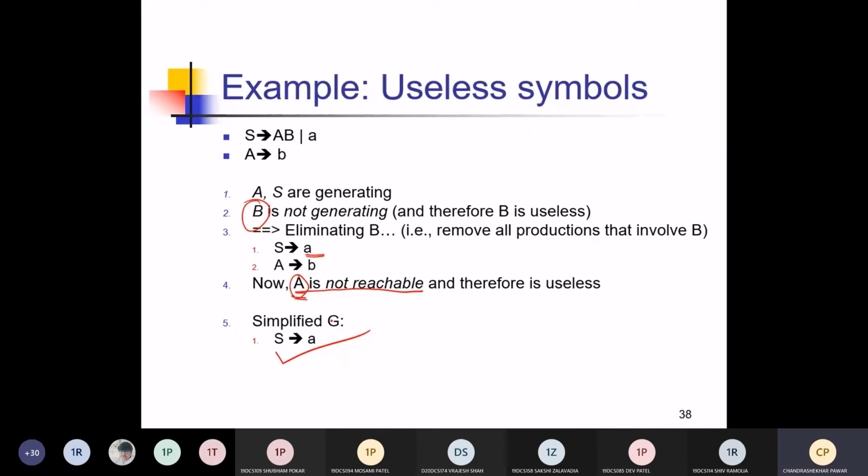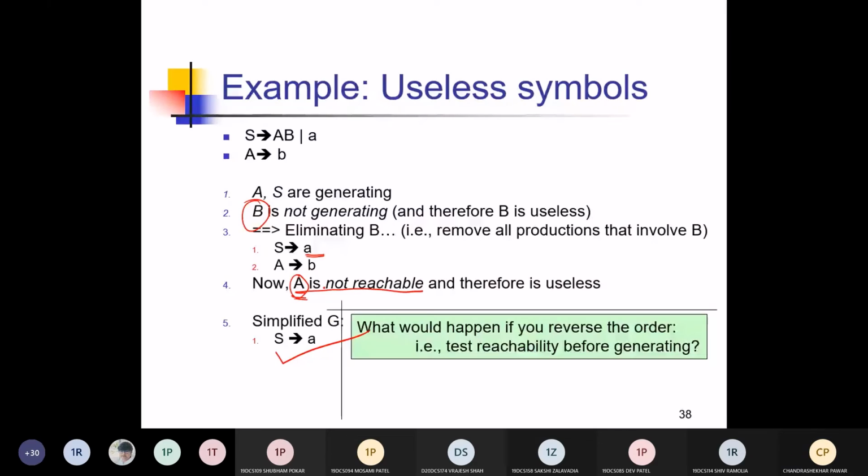How to remove the useless symbol? So here just one point: if we reverse the order, then what should be the condition? Reverse the order means what?